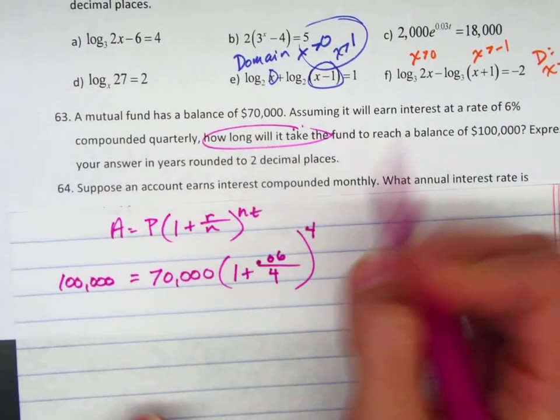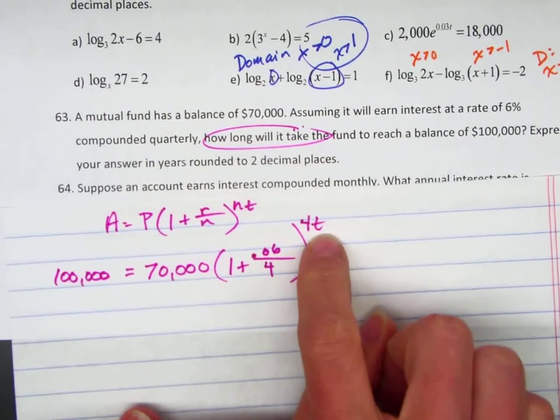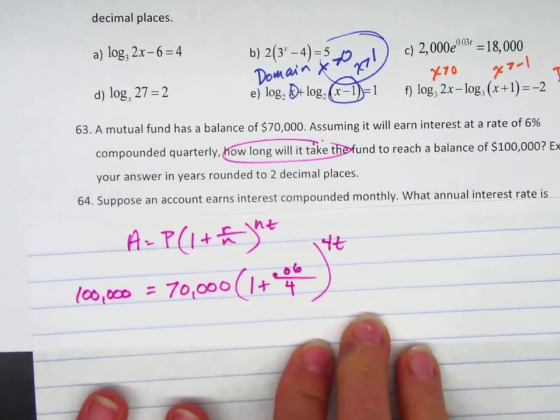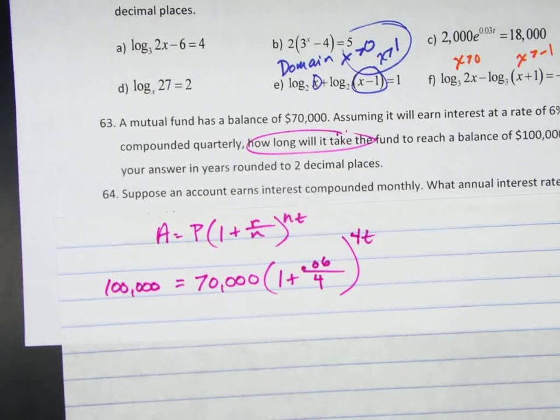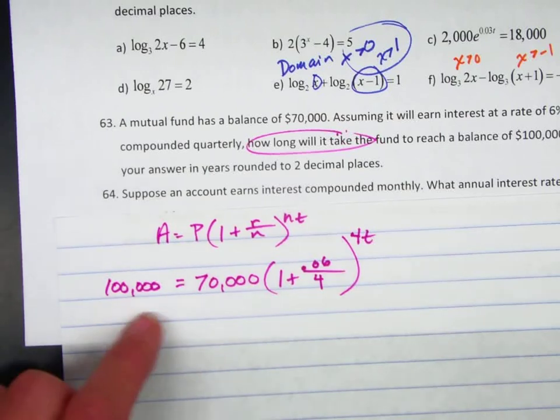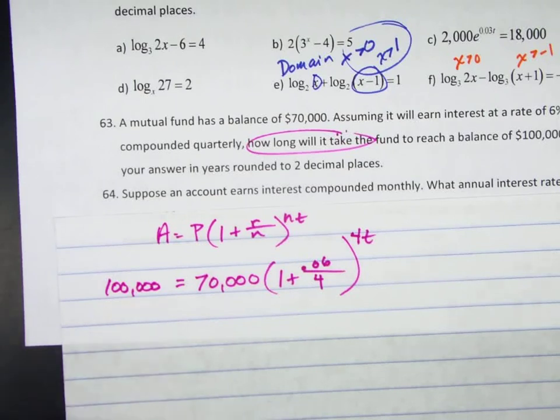All right, so this is different from the other ones in the sense that we're trying to solve for the exponent. So what we're trying to do is get the exponential part by itself. We need to divide. So we have our 100,000 divided by 70,000.